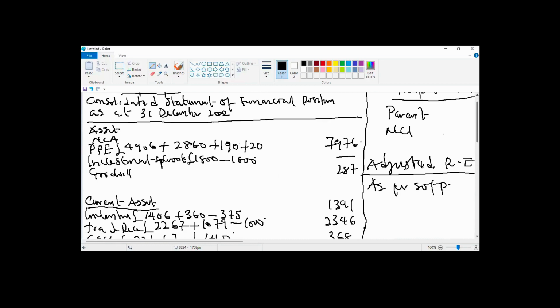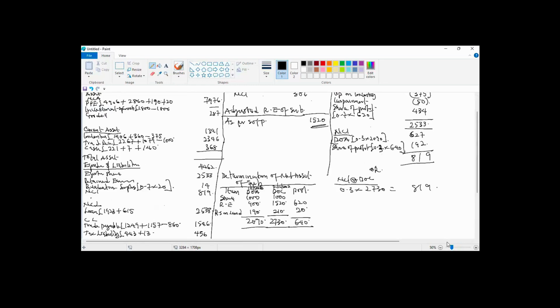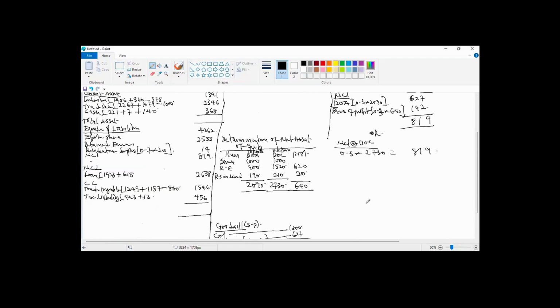I will now sum them up. $12,368. We are checking the solution. I can't do that, I'm deceiving myself.